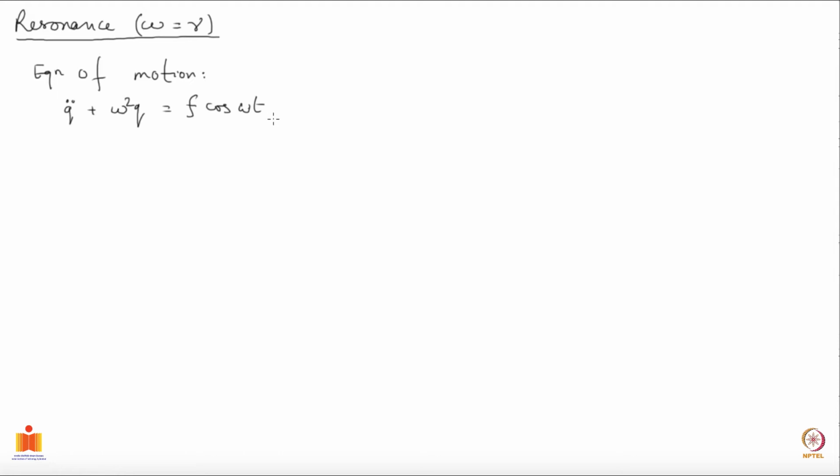I've just put the phase to 0. If you wish, you can bring it back, but I will just put it to 0. And this omega is the same as this omega here. This one and this one are the same.